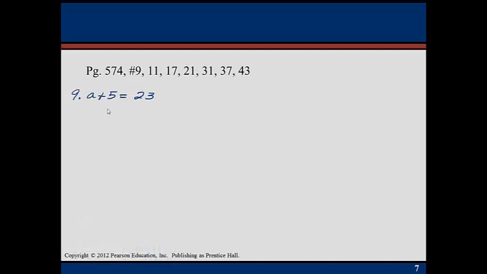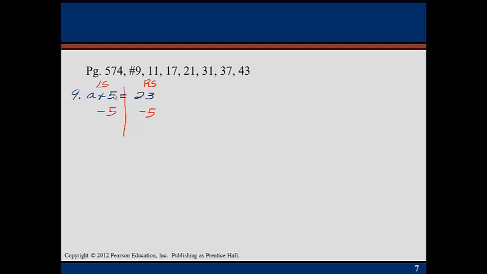To start us off, I'm going to draw a line down my equal sign. This is going to represent my gate. This is the left side of my equation, and this is the right side of my equation. My goal is to get all the values away from my variable. My variable is a, and who's on his side with him? The plus 5. Because it's adding, I'm going to do the opposite, which means I'm going to subtract 5.